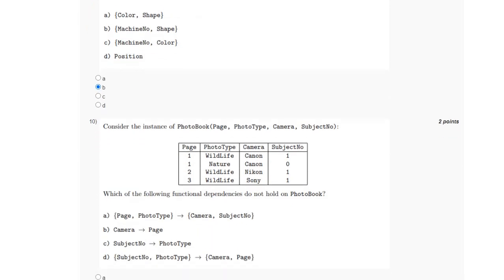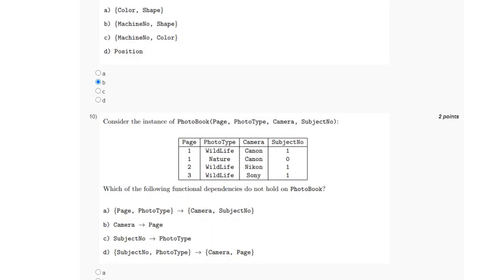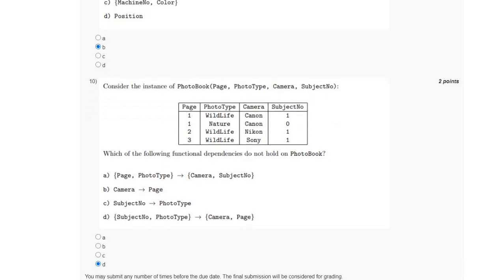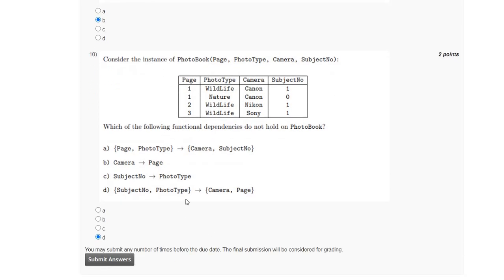Question number 10, we have been given the instance photo book, which has the attributes page, photo type, camera, and subject number, and we have been given the following table, and we have to tell which of the functional dependencies do not hold on photo book. So subject number and photo type does not hold, because consider the subject number 1 and photo type wildlife.